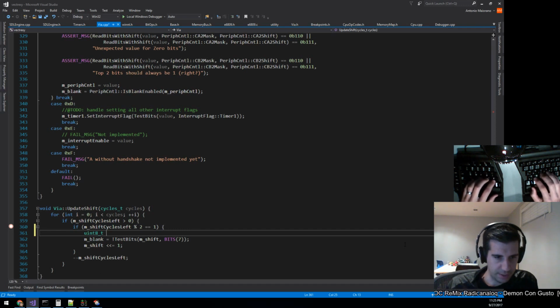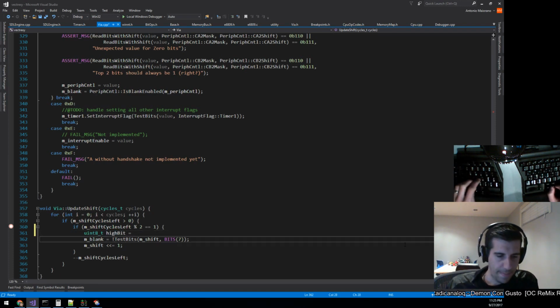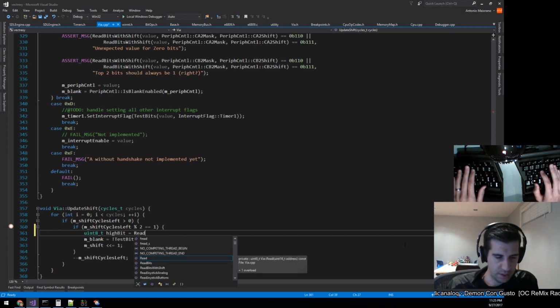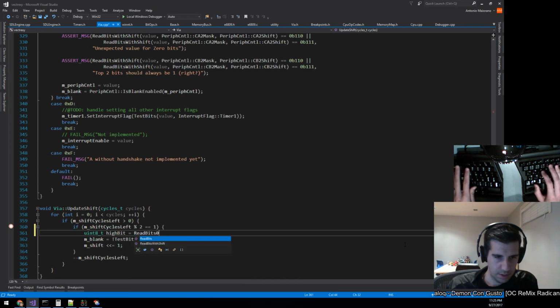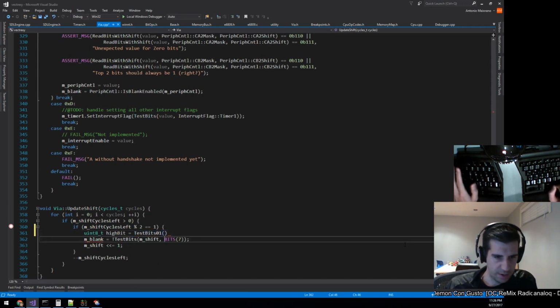I don't remember what I called it, but like high bit. Instead of this, I think I'd used read bits. It was a test bit? Yeah. It was test bits, but it was like test bit 01 to get an actual value. Then blank was going to be this is equal to 0.